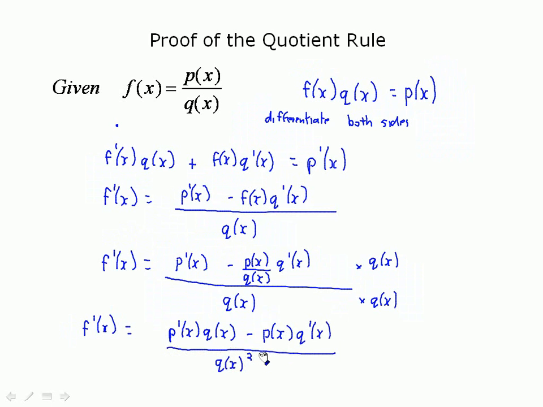Now that is the quotient rule. So the derivative of the numerator, p prime of x, times q of x, subtract p of x, the numerator, times q prime of x, divided by the denominator, q of x, squared. So it is proven. So we don't have to worry about that anymore. Now let's go back and do a few questions then, back to where we were.